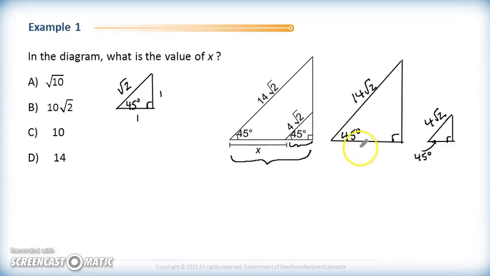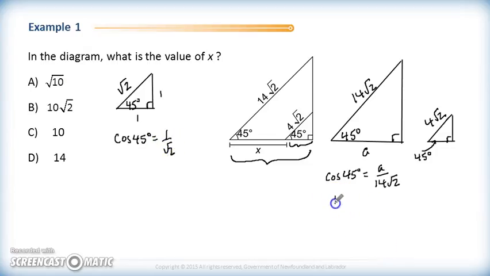I'll call the lower side of the large triangle A. Let's work on finding A. Cosine of 45 degrees from that triangle is A over 14 root 2. Meanwhile, from our base triangle, the cosine of 45 degrees is 1 over root 2.